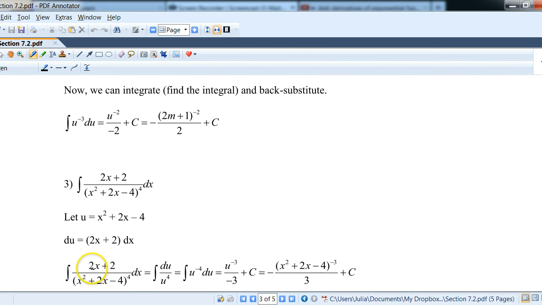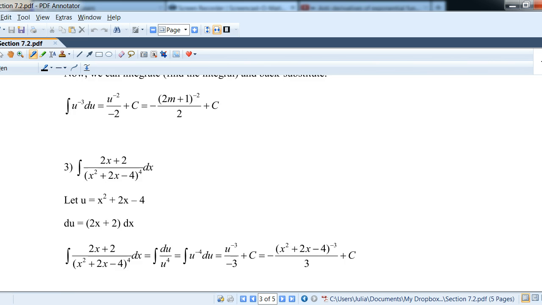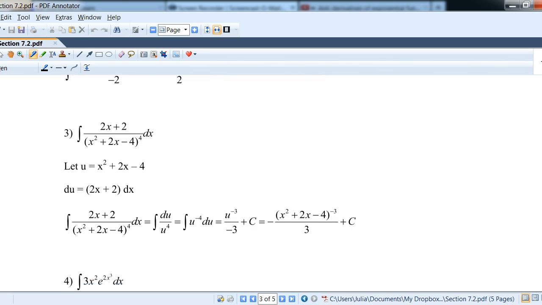So notice how 2x plus 2 and the dx are both du. So I just put du on the top, divided by u to the 4th, which again is u to the negative 4th, just as before, which if you integrate, you'll get u to the negative 3 over negative 3 plus a constant. And again, we can pull the negative on the outside, and we back substitute x squared plus 2x minus 4. So it works very similar.